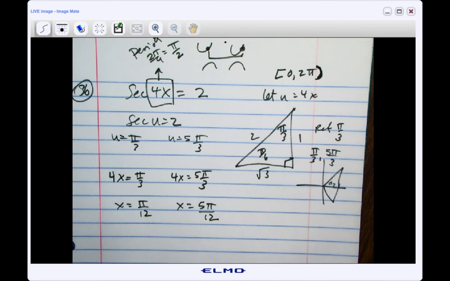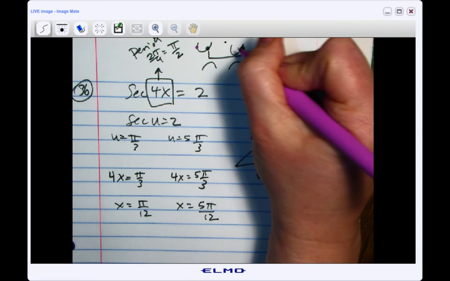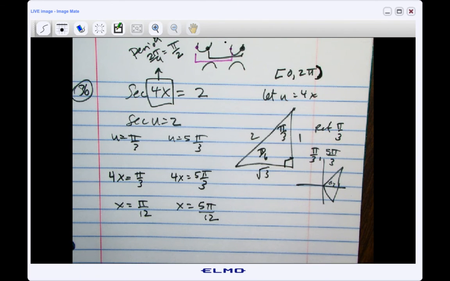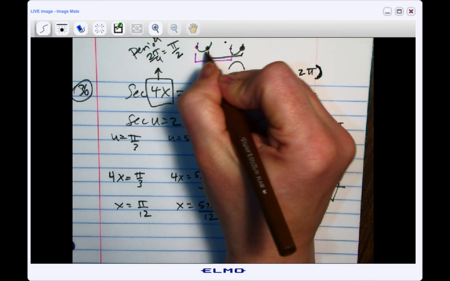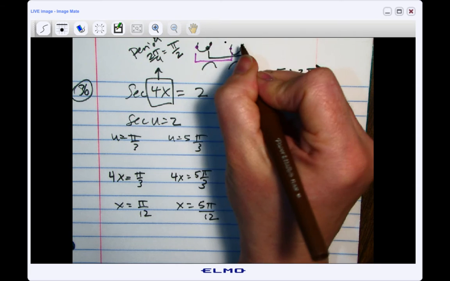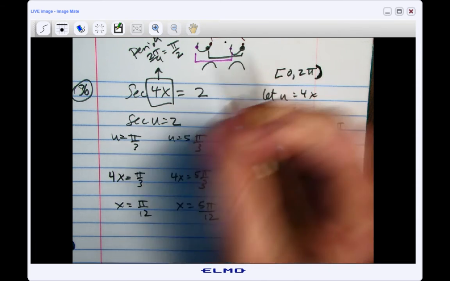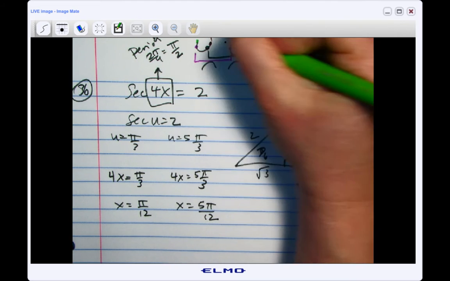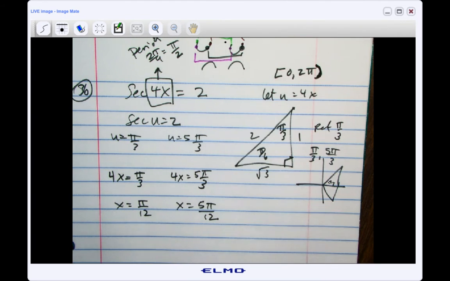And this one is a different set of solutions, and these will be pi over 2 away too. So when we go pi over 2 away, we'll find the next one at the same height, right?